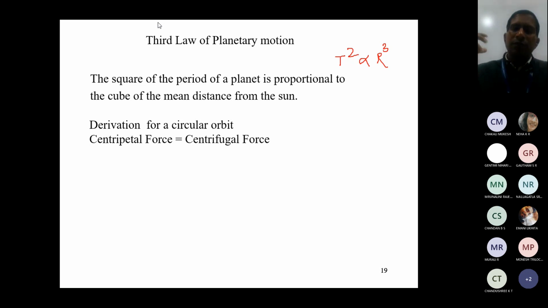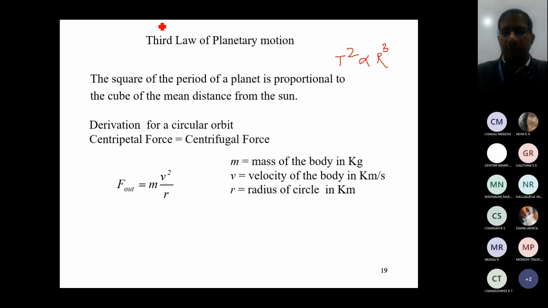So if we want any object to rotate continuously in a proper manner, there should be a balance between the inward and outward forces, that is, between centripetal force and centrifugal force.